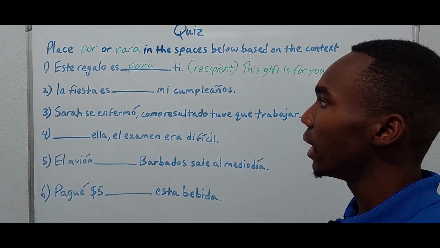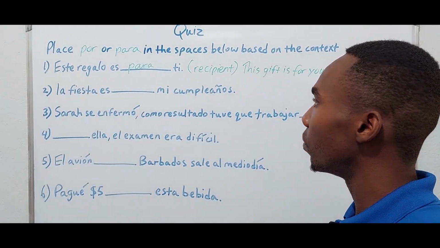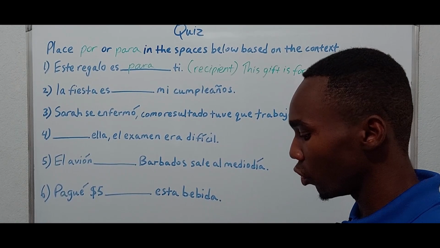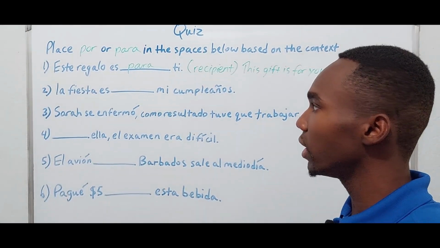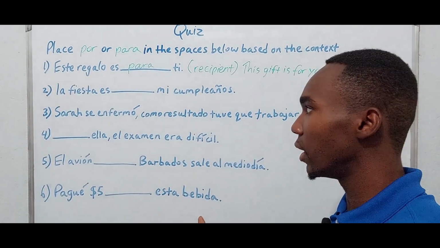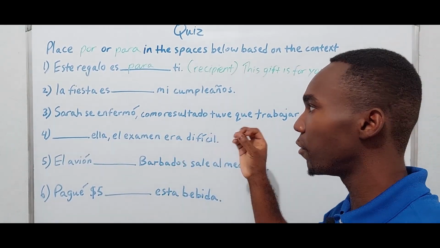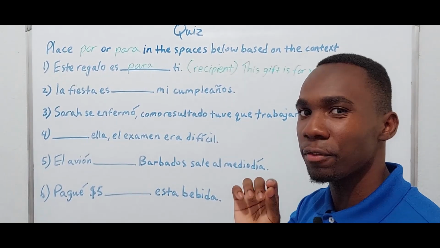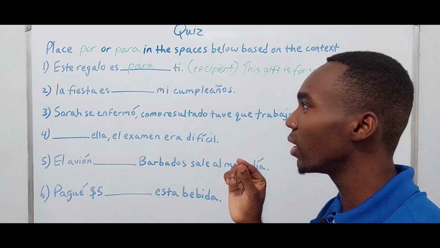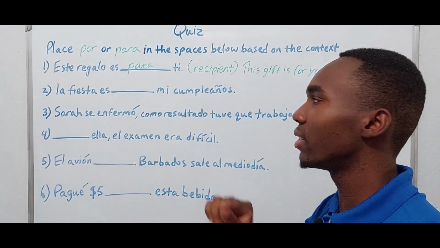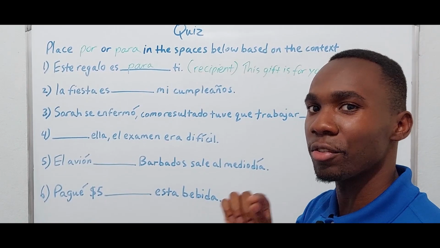Number 2, la fiesta es ___ mi cumpleaños. So you know that fiesta is party and mi cumpleaños is birthday. So essentially you're saying the party is for my birthday. But what does the for mean in this case? Is it an objective or is it a reason?